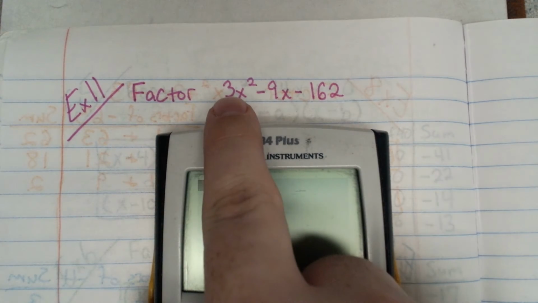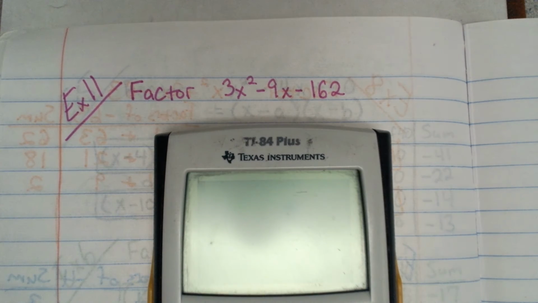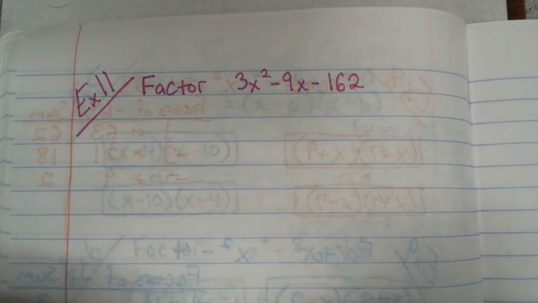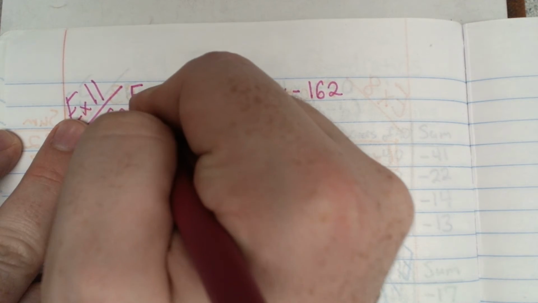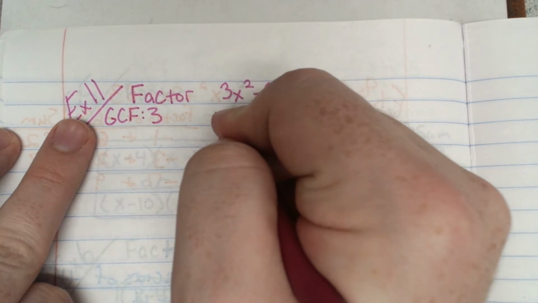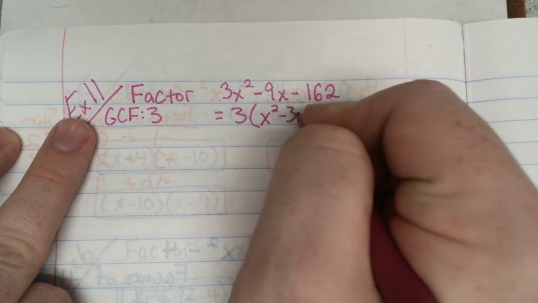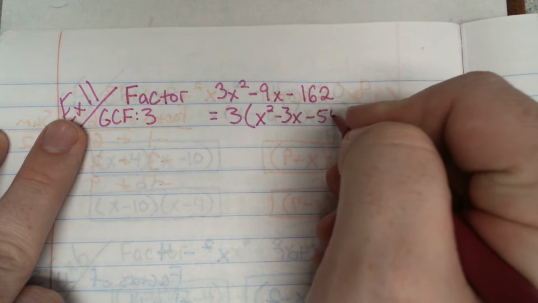So I know 3 goes into 3, I know 3 goes into 9. Does 3 go into 162? Or I guess I'll show you negative 162. Negative 54 is the quotient there. So we can factor out a greatest common factor of a 3. So if we factor a 3 out, we're left with x squared minus 3x minus 54.